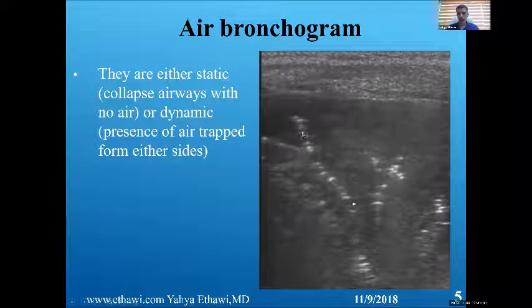It gives the impression that the bronchi is collapsed. While when they are due to hyperinflation of the bronchi due to trapped air, they become dynamic, or they disappear and appear with the respiratory cycle.